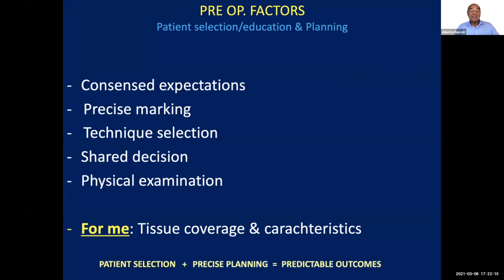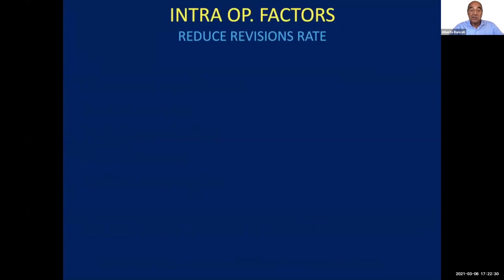So patient selection and precise planning will give you predictable outcomes. It's the only way. It's not a matter of chance and just to see what happens. No, you must know correctly if you select correctly your patients.